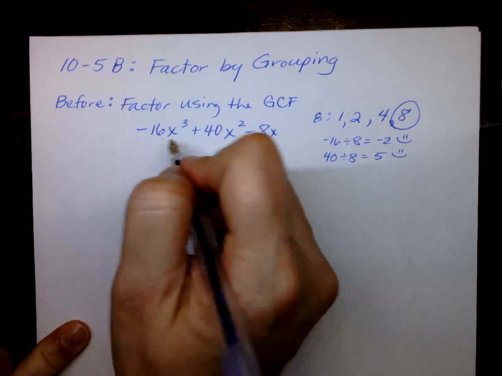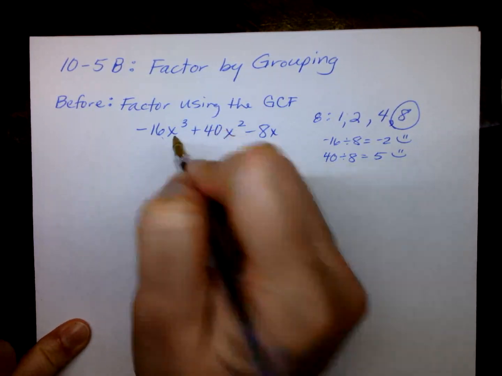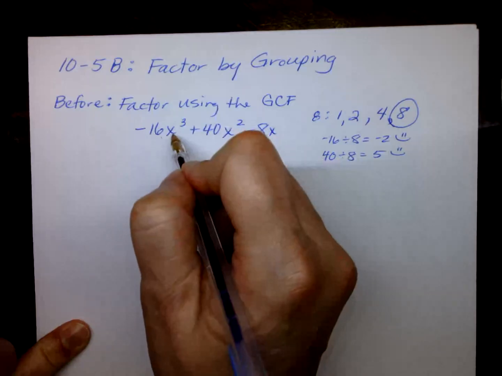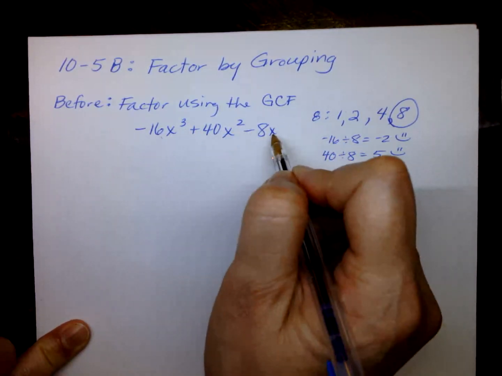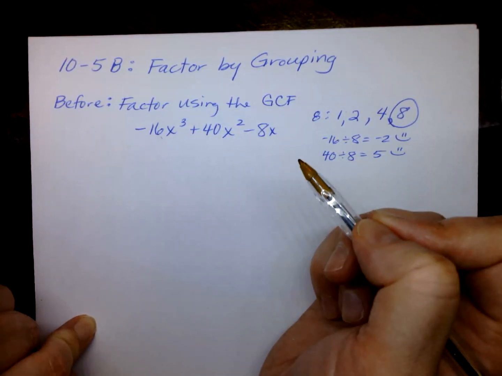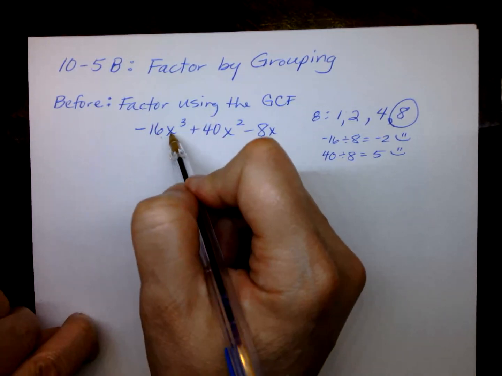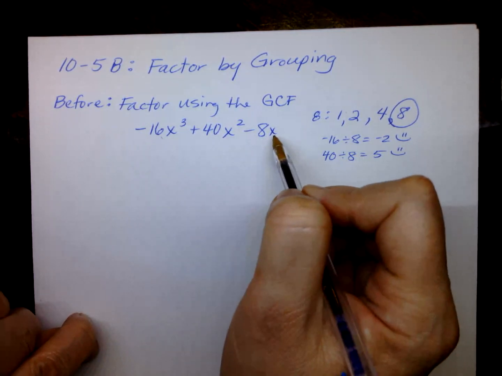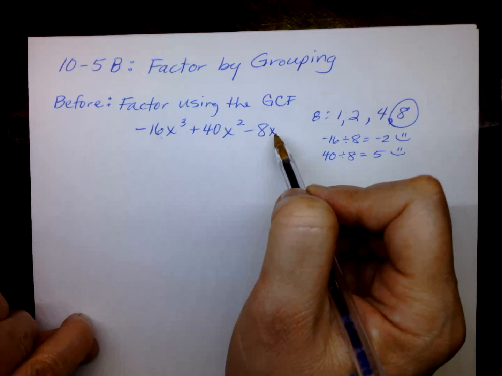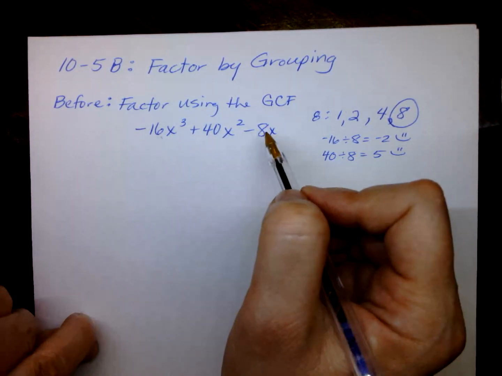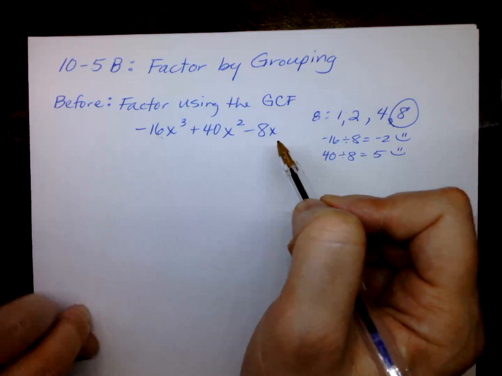Now, before you say, well, I'm all done, we should look at the x's. Our variables here are x to the third, x squared, and x. So you have to ask yourself, what do all three of these terms have in common? Well, there are 3 x's here, 2 x's here, and only 1 x there. That means there's at least a single x in each of those terms.